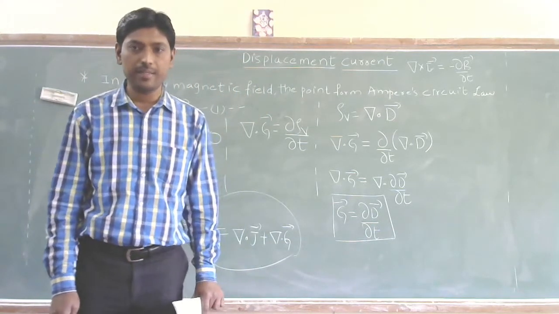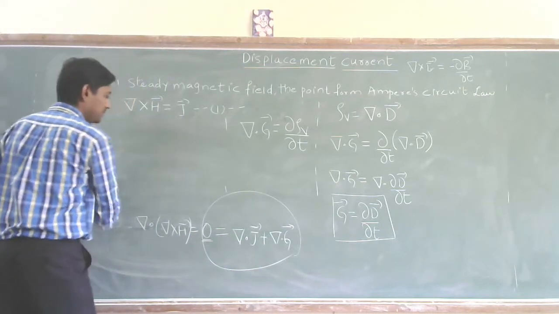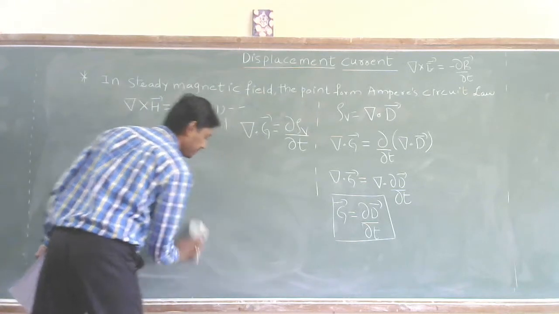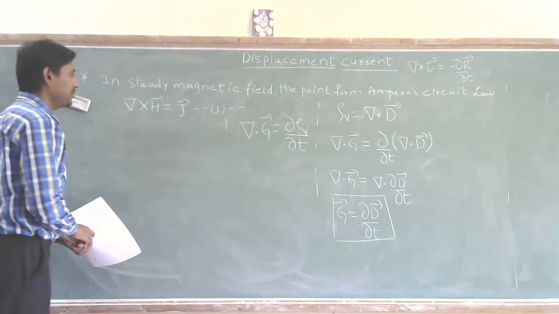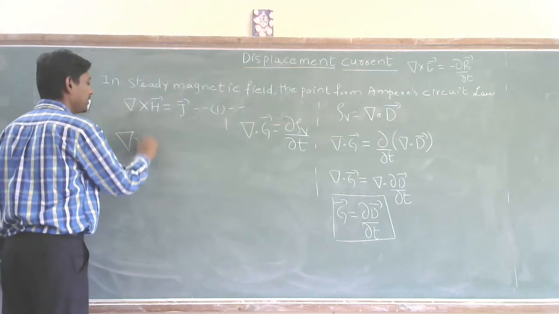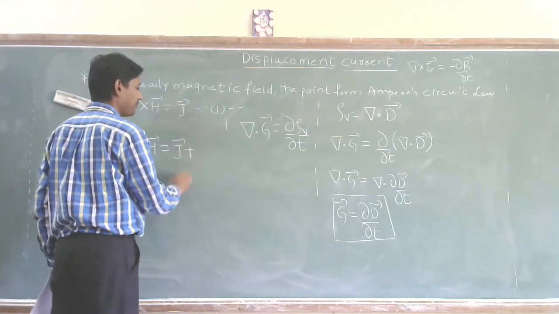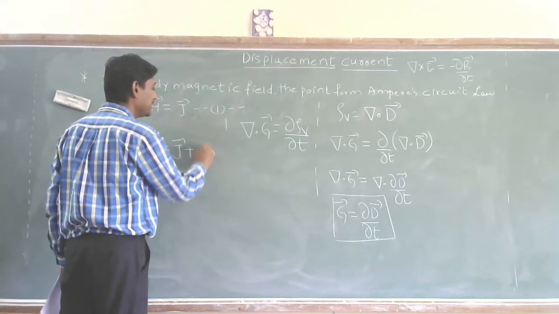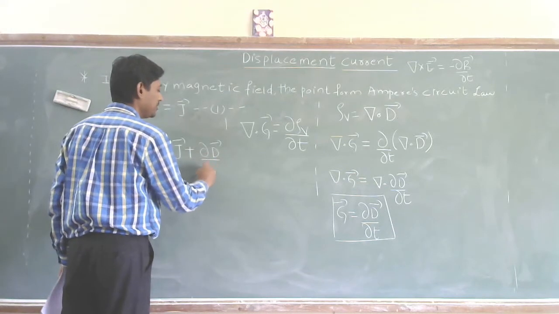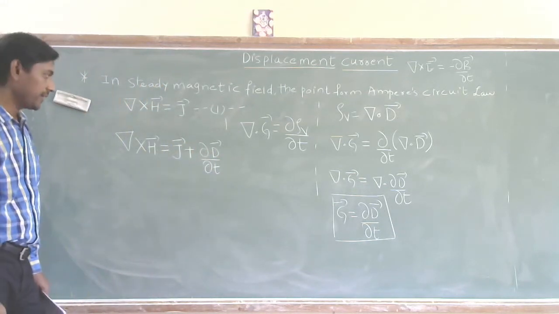So now, what is the Ampere circuit law? Now you could see that it is actually del cross H equal to J plus G, and G is ∂D/∂t.